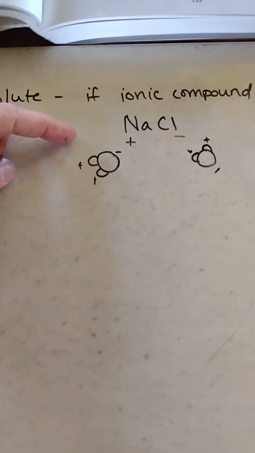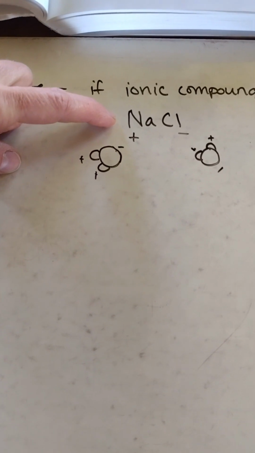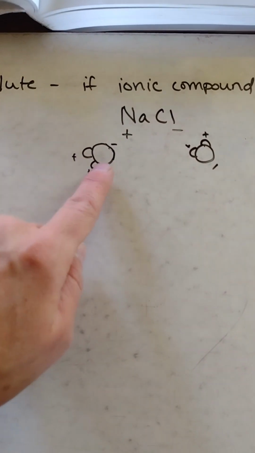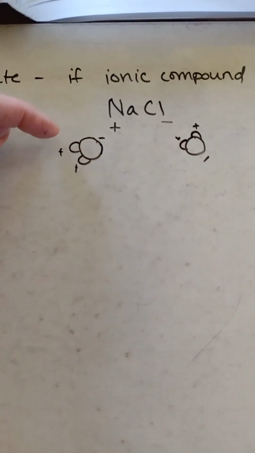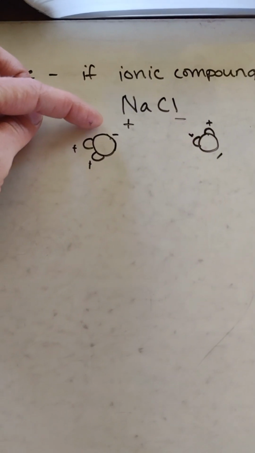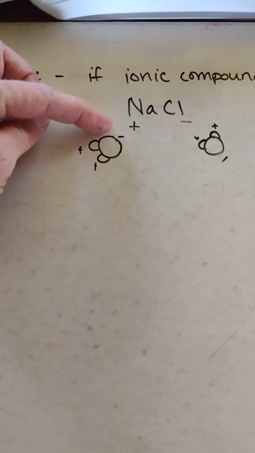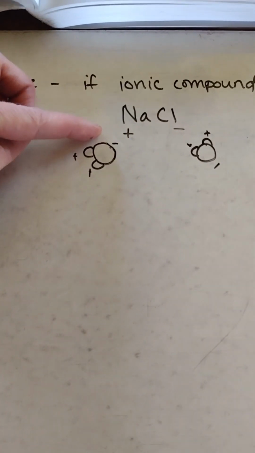And so the polarity of the water molecules are attracted to that, and they can actually pull these atoms apart. And so the negative side of this is the oxygen, and these are the little hydrogens. The negative side of the water molecule is going to attract the sodium ion and pull it apart.